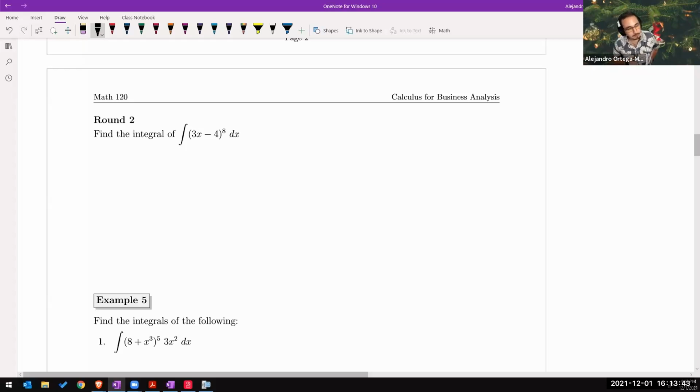So if we have this problem, the integral of 3x minus 4 raised to the 8th power, it seems like the inside function is the one that's inside the 8th power. So we can define this one here to be the u. So first things first, define the u, which is basically going to be the inner function.